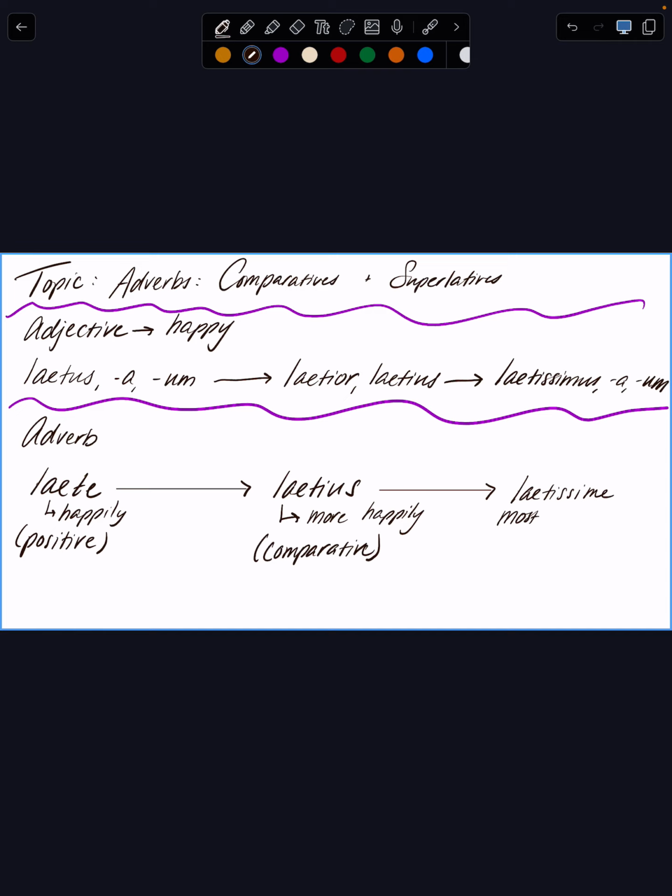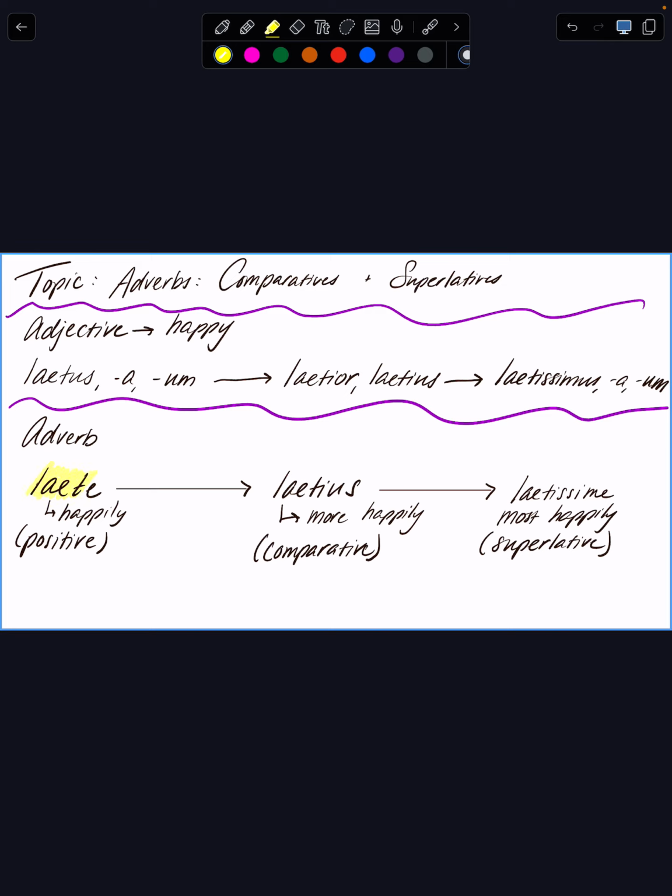So for an adverb from an adjective, if you want to make it comparative or superlative, you add ius to the end for the comparative. If you're given a positive adverb and have to turn it into the comparative and superlative, you stick with what the stem is.